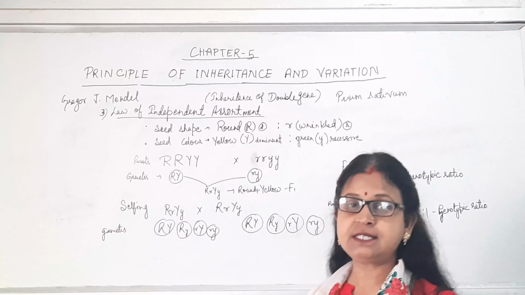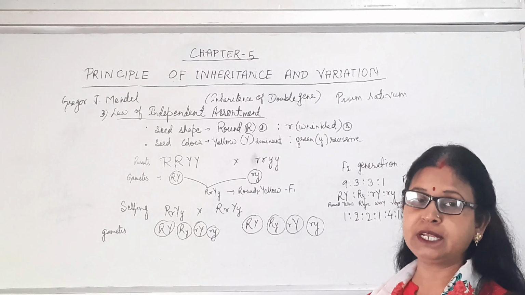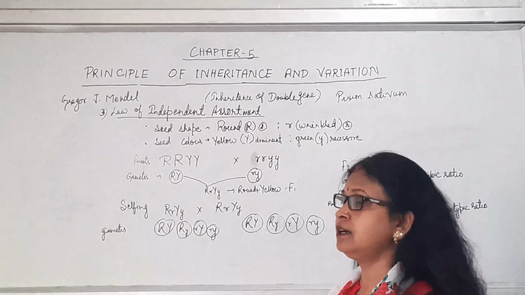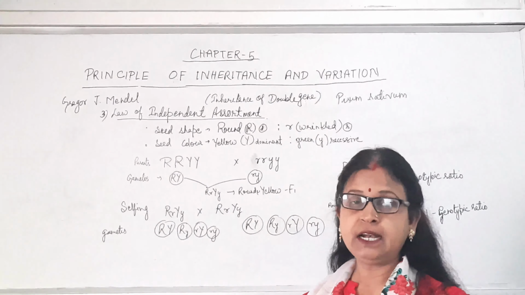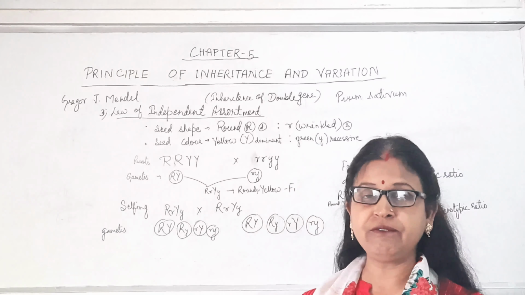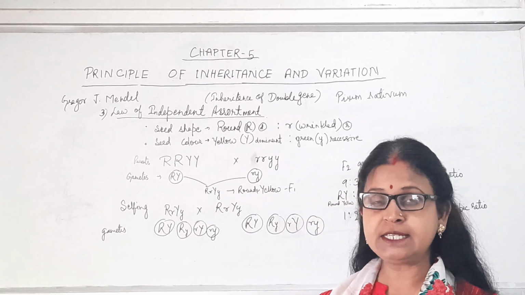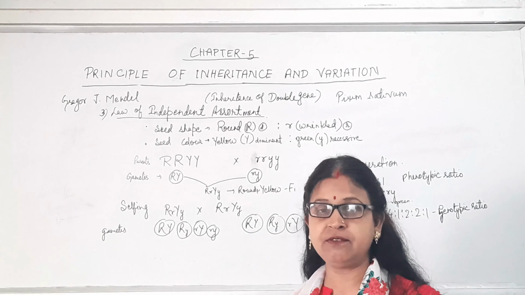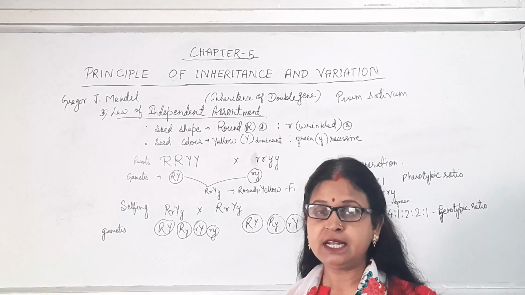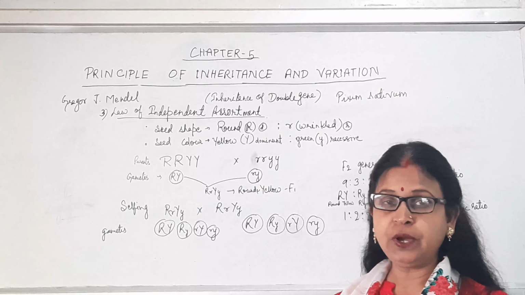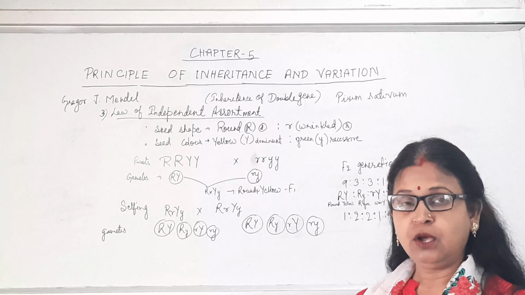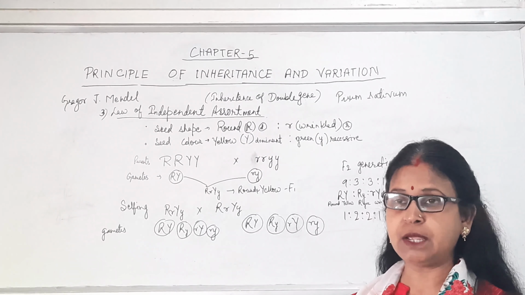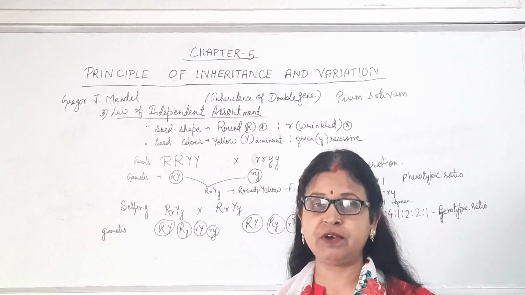So we have discussed earlier the first law of dominance, then the second law of segregation, and then the third law will start. Before that, the first law, that means the law of dominance, is when one allele is dominant and it will not allow the recessive allele to express in its presence. The second one, when the two alleles are present, we can see in the first filial generation that though both types of alleles were there, that means the gene was heterozygous.